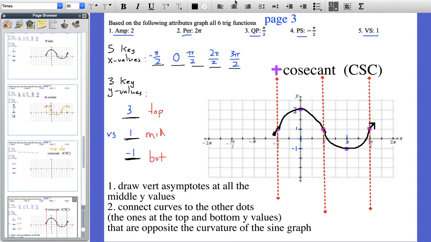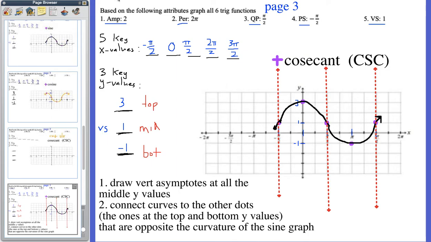So, not a great explanation, a little clunky, if I'm being honest, but here's the idea. So we connect curves to the other dots, meaning the non-middle dots. So our top one and our bottom dots here, the top and bottom of the amplitude, the peak and trough, that are opposite the curvature of the sine graph.